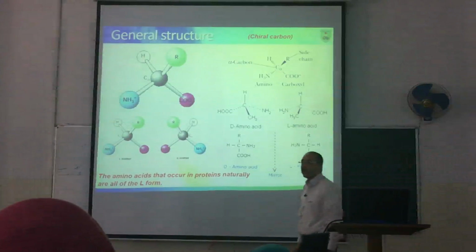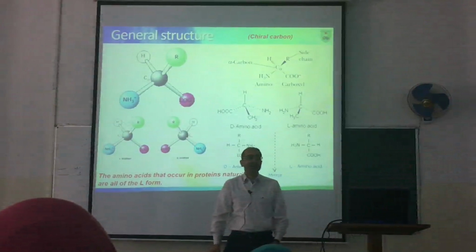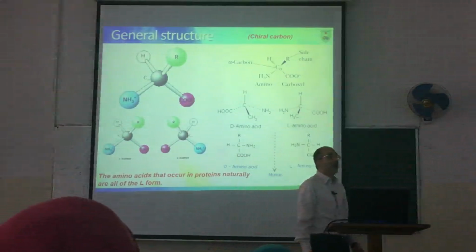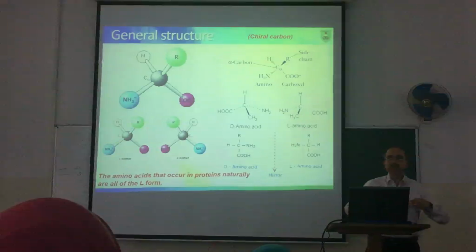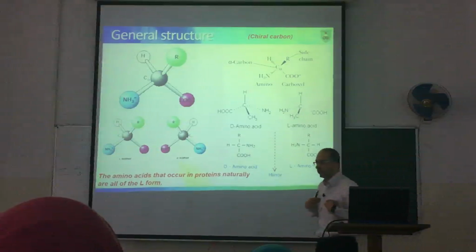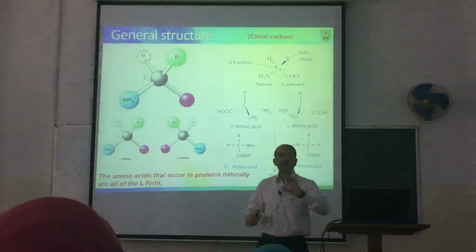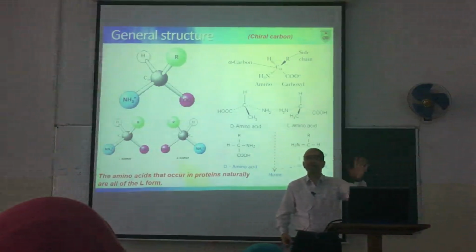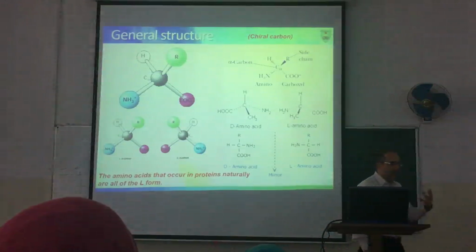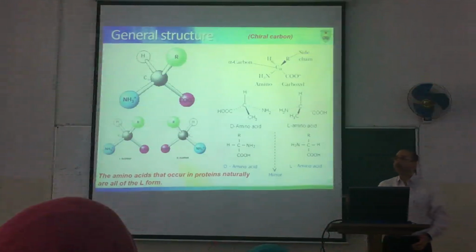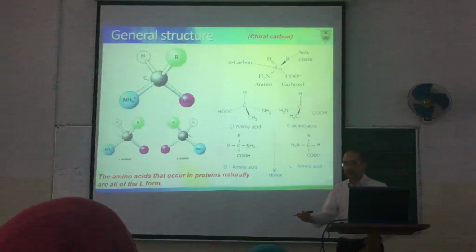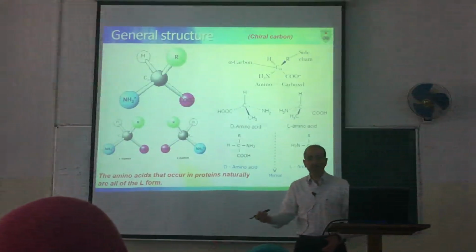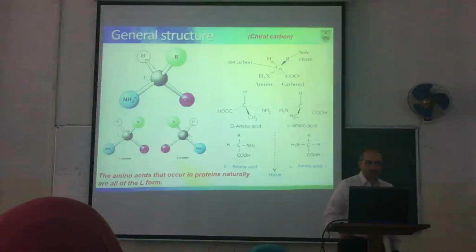Physiologically and naturally it's the L amino acids that make up our own proteins, not the D amino acids. طبعا there are exceptions in bacteria، في عندهم D amino acids, but mainly in our systems هي L amino acid. And remember the sugars, it's the D sugars, يعني it's the opposite.